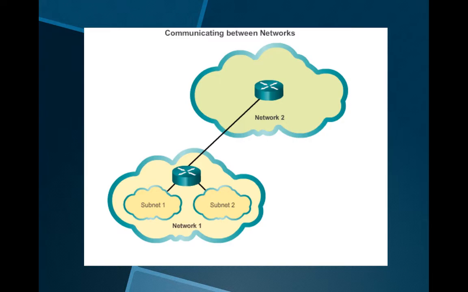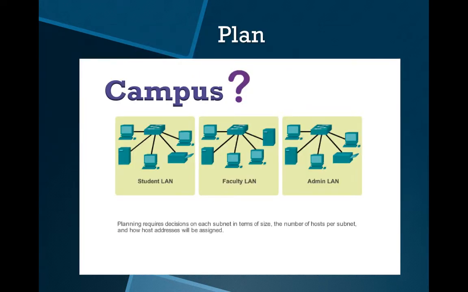As shown in the image, subnetting creates multiple logical networks from a single address block or network address. Each subnet is treated as shown in the figure.